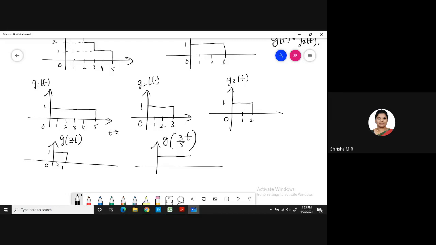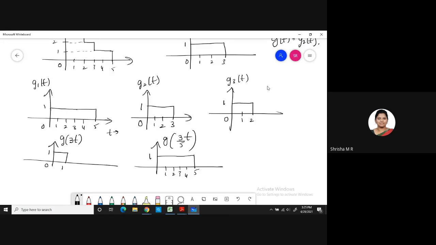Got it, everyone? My signal will go up to 5 now, 1, 2, 3, 4, 5 with an amplitude 1. Understood? Yes, ma'am. So I can express g1 of t in terms of g of t as g of 3 by 5 t. Correct? Yes or no, guys?